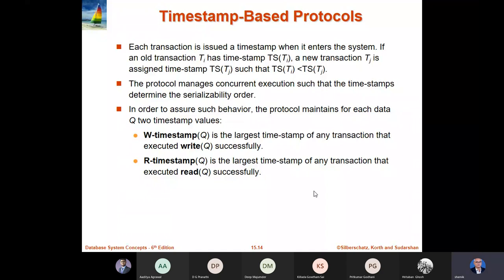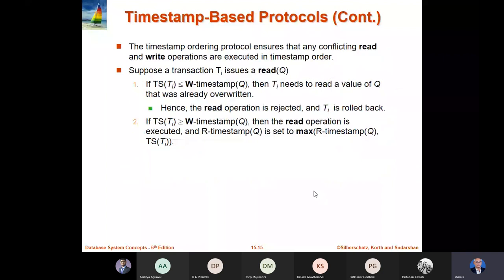Now, read timestamp of Q is the largest timestamp of any transaction that executed read Q successfully. So if Tj reads this particular data item successfully, which is the largest one, then in this example the read timestamp of Q will become 10:31.